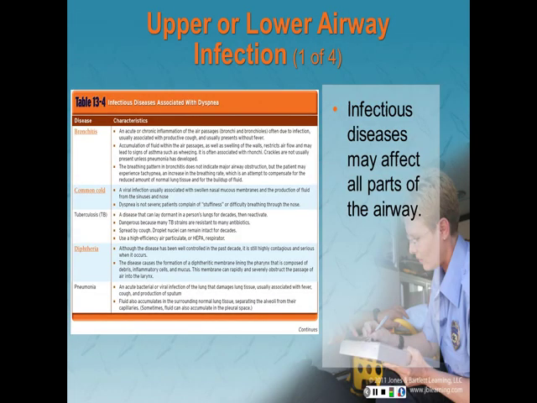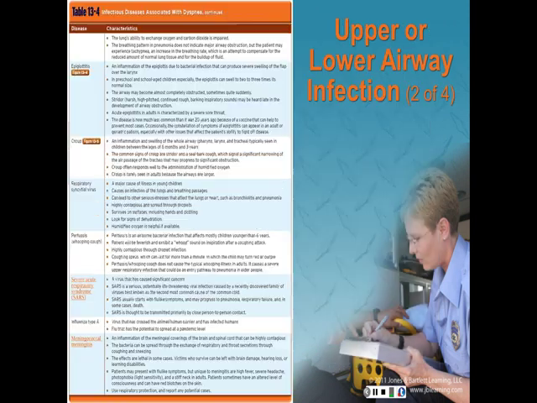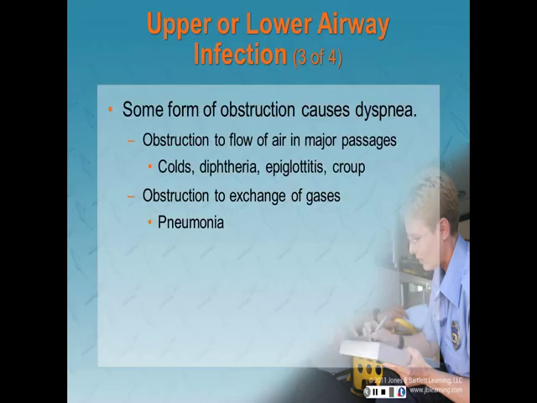Upper or lower airway infection. Infectious diseases causing dyspnea may affect all parts of the airway. Some cause mild discomfort, and some obstruct the airway. Oxygenation is a problem of not enough oxygen getting to the tissues. As you can see in these tables, this is information you need to be familiar with based on each of the disease processes. Again, a great synopsis if you would like to take this information and use it as a study guide.